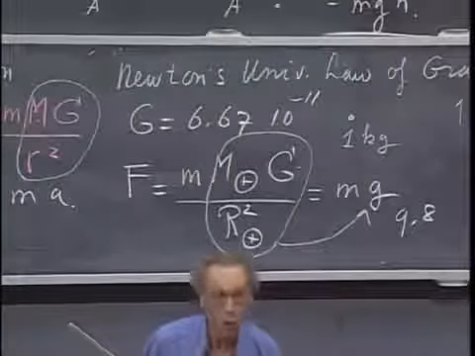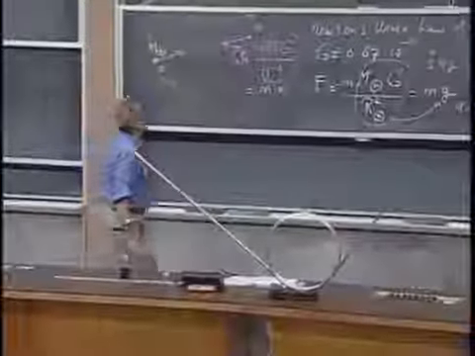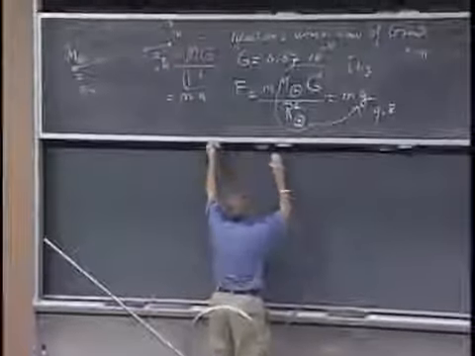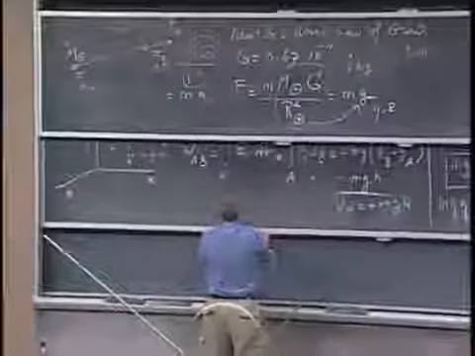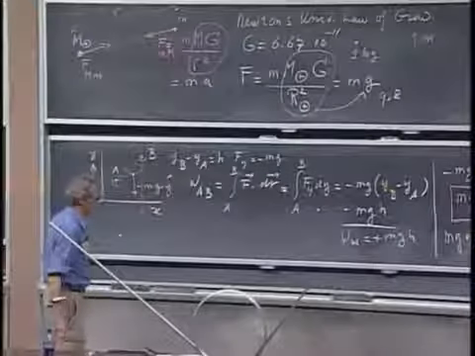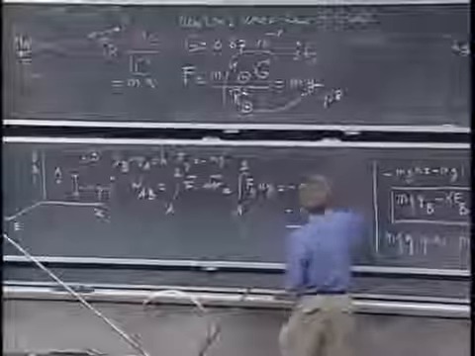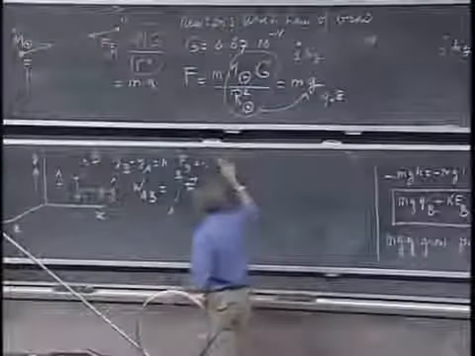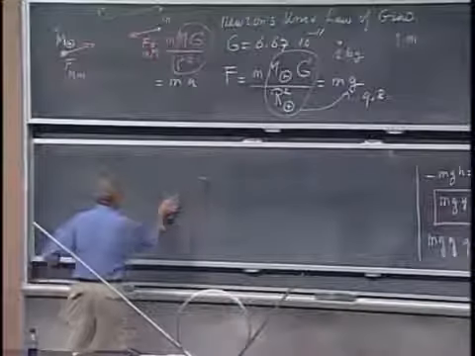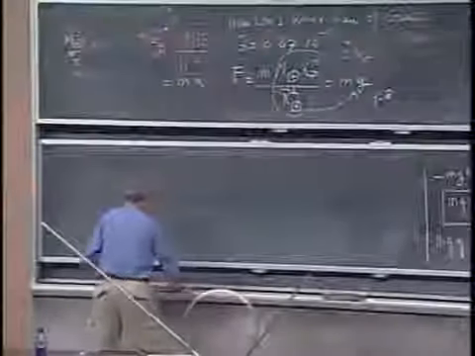Okay, my goal was to evaluate for you the gravitational potential energy the way that it is defined in general, not in a special case when we are near the Earth. So we now have to move an object from infinity to a point P, and we calculate the work that I have to do.